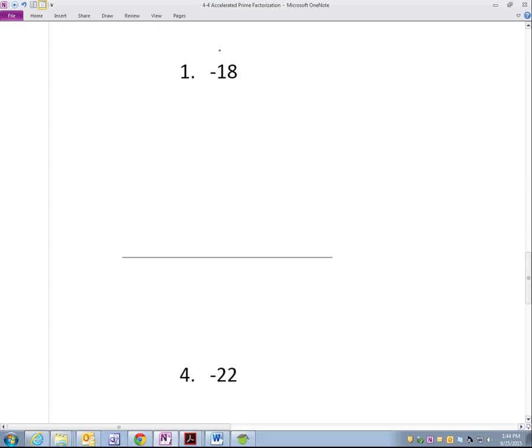So with -18, this is what you do first. The very first thing you do is you get out that -1, because as it says to the left on the chalkboard here, a negative number is -1 times a positive number. So I get that out of here. Now I have 18. I'm going to put this -1 over here right away.